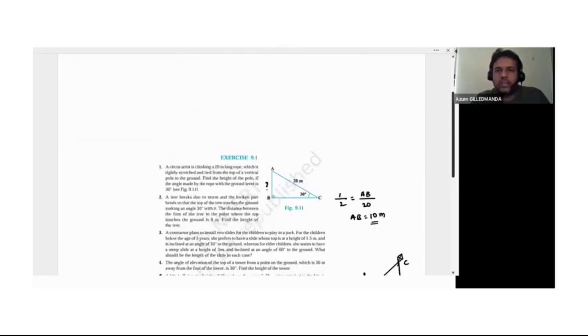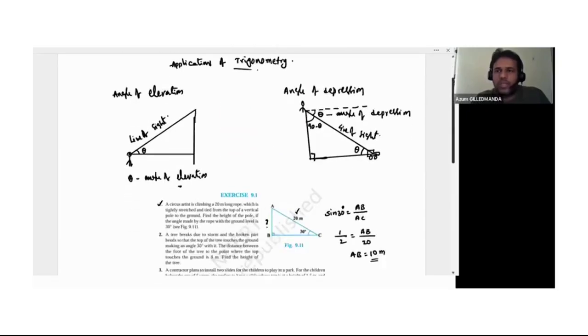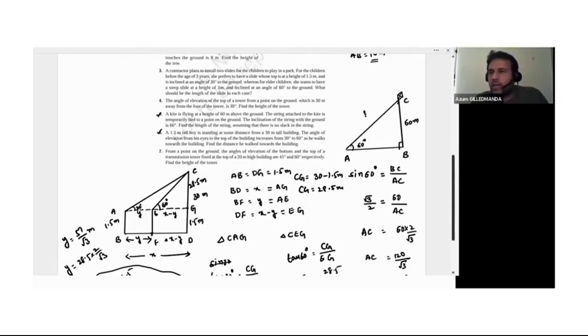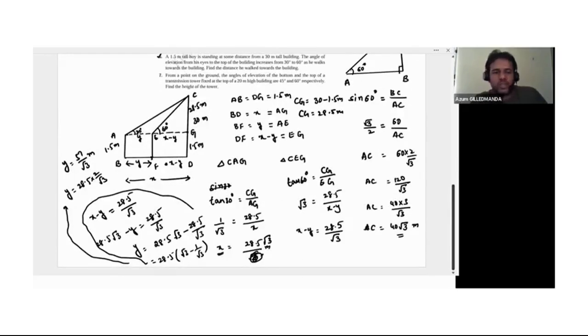So hope you guys understood. The applications of trigonometry is simply applying the knowledge we learned in the trigonometry chapter in the descriptive problems here. Okay, so this is applications of trigonometric ratios and how to solve the heights and distance problems.